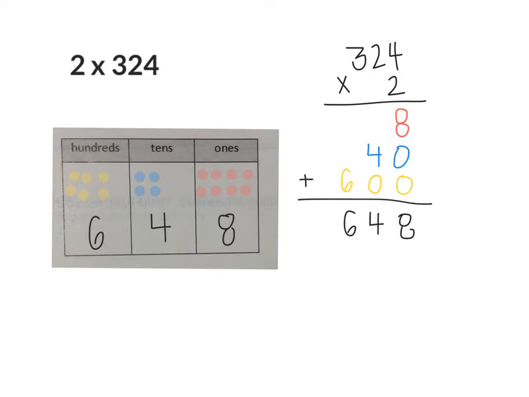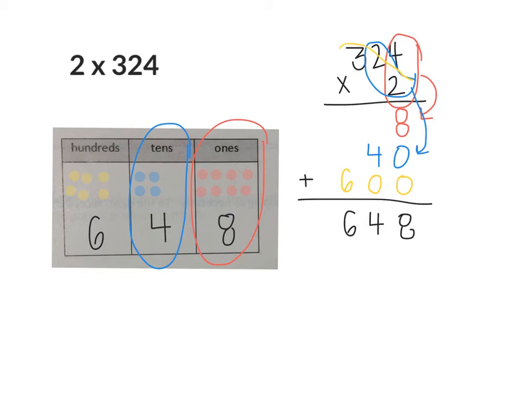8. So again, we can see that when we do the partial products way, we're showing with numbers each part of the place value chart. We're doing 2 copies of 4 ones is 8, right? We're doing 2 copies of 2 tens is 40.